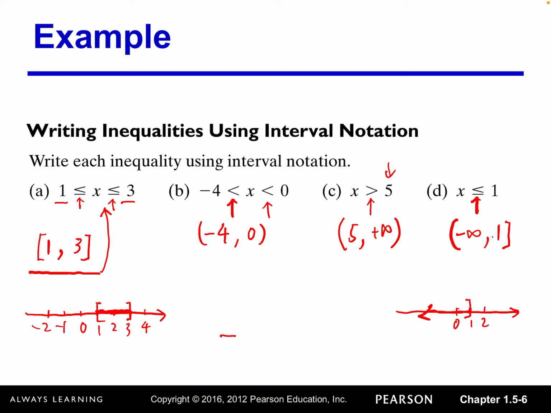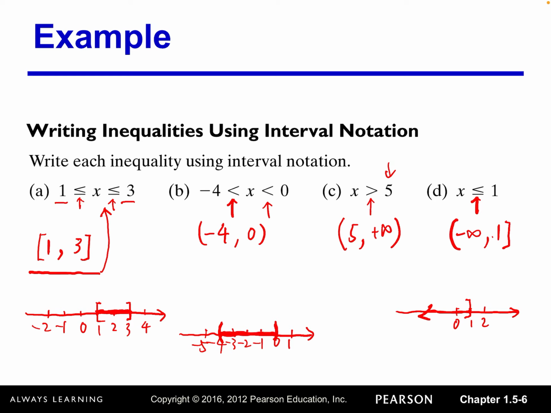Second one, same thing, a number line: 0, 1, negative 1, negative 2, negative 3, negative 4, negative 5. The lower bound is negative 4. Draw a parenthesis, since it is exclusive, then 0, the upper bound, draw a parenthesis, and shade anything between these two parentheses.